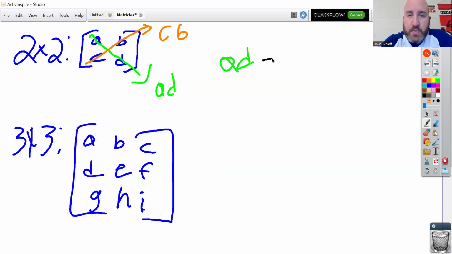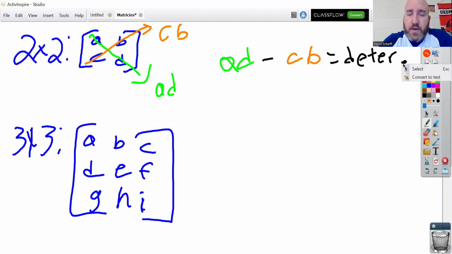There we go. Minus CB, and that gives you your determinant.